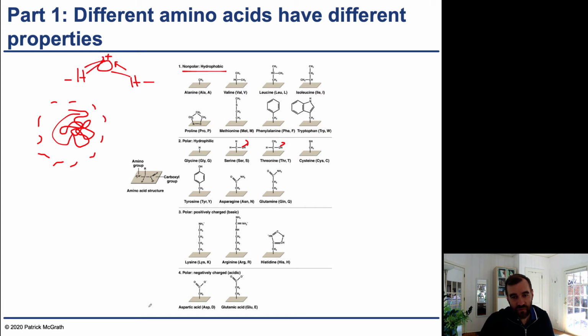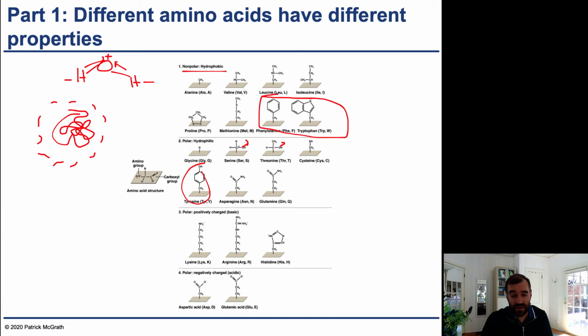So some of them might group these together, the tyrosine and the phenylalanine and the tryptophan together, because they all have these ring structures. And so these ring structures also provide certain chemistries in different situations.